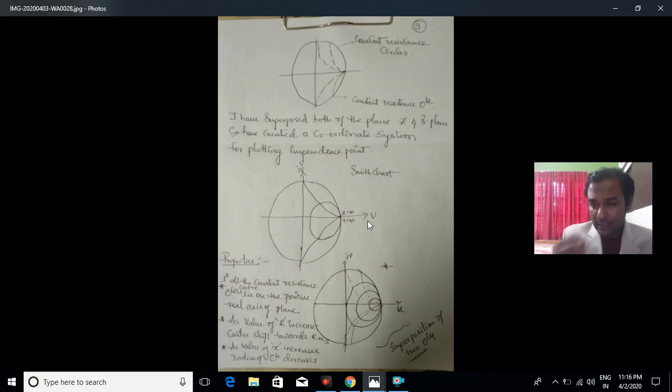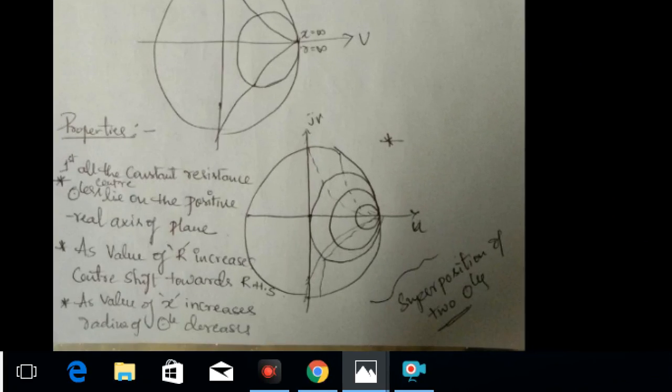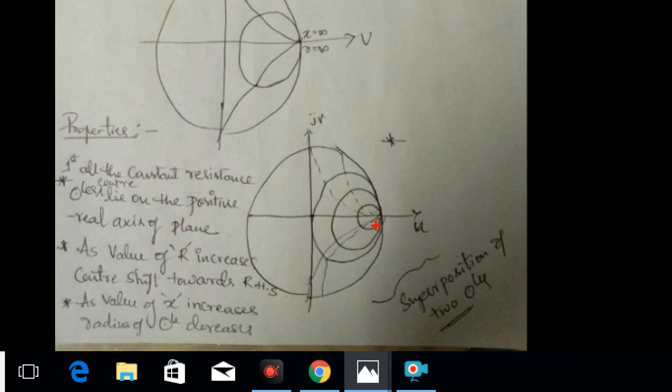These are a few properties we came across while studying constant resistance circles and constant reactance circles. We already know them, but we will now state the properties in the form of words.